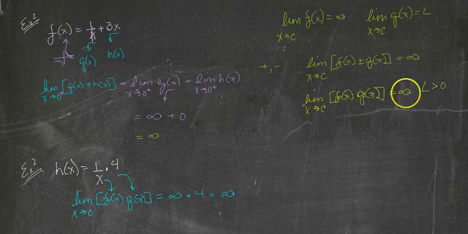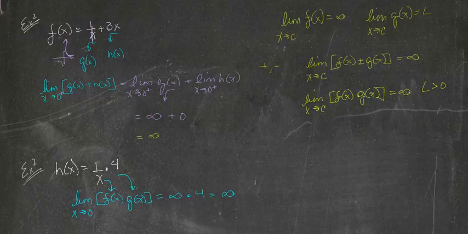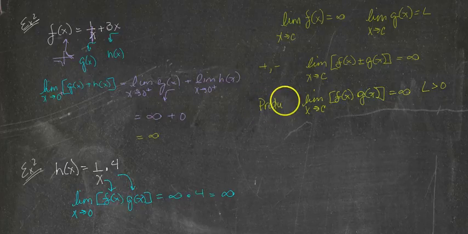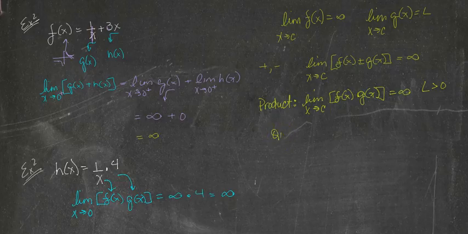If L is less than 0, then it would equal negative infinity. So that's the product rule. Now, the quotient rule is where things get really interesting.